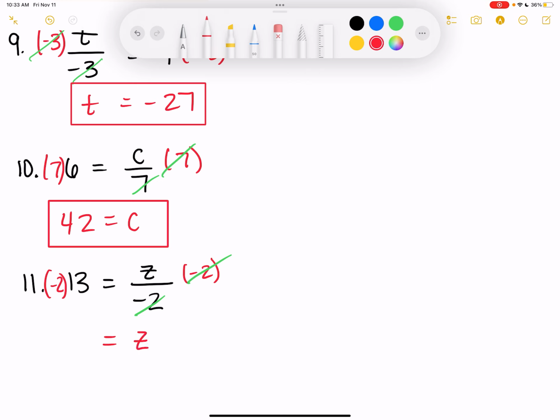So what's -2 times 13? 26. And is it positive or negative? It's negative. Ah, what is happening? This thing is like spazzing out on me. It's been doing that all day. -26 equals z.